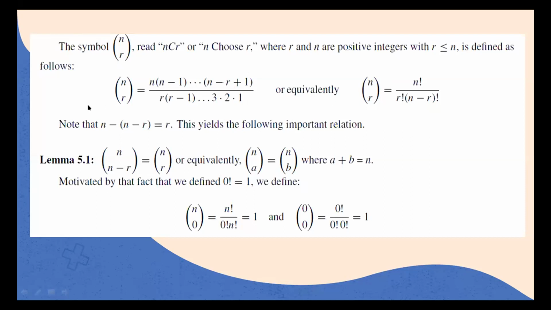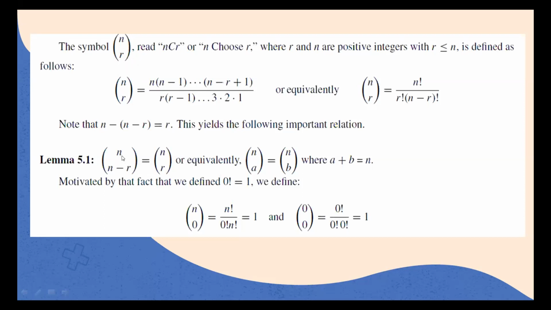Also one important identity, and I think in one of the questions that we had in the quiz there was a small similarity. We can say that in place of r we can write n minus r.